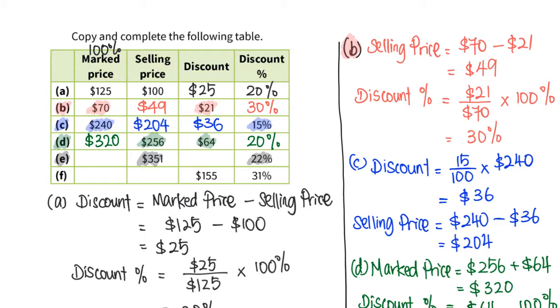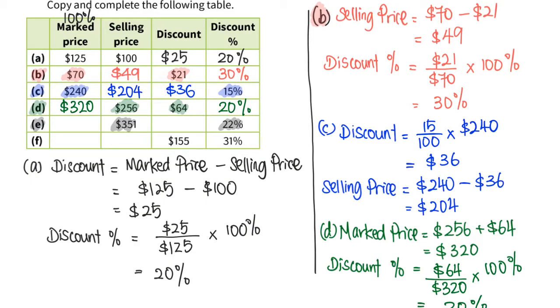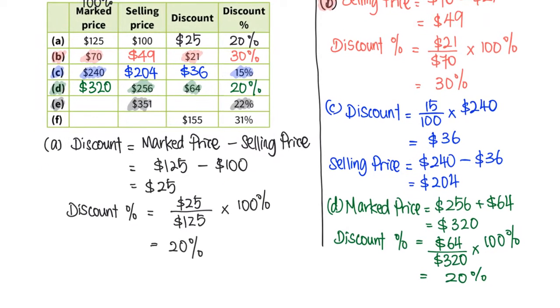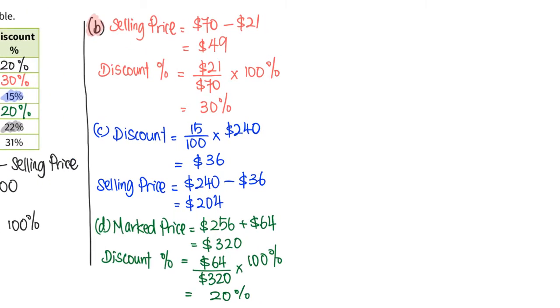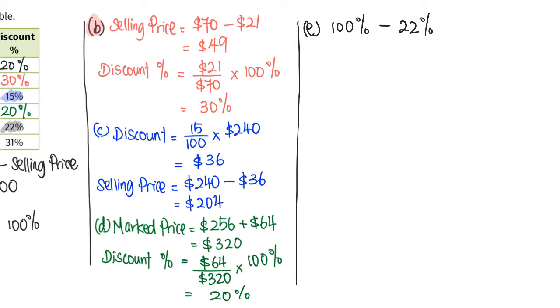And if I know the discount percentage, I will be able to know what percentage represents the selling price for part E. So for part E, we have the mark price percentage minus the discount percentage to give me 78%, and 78% represents the selling price.